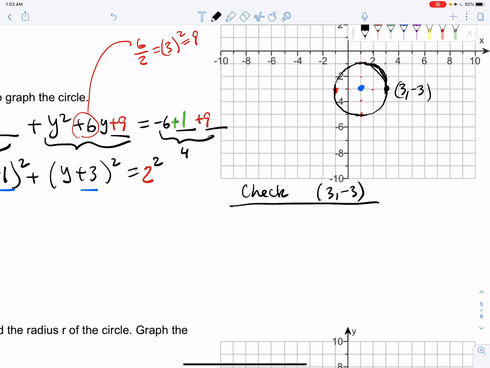The original problem said take x and square it. What's the x value? 3. Plus the y value, which is negative 3 squared, minus 2 times x. x was 3. So y was negative 3.